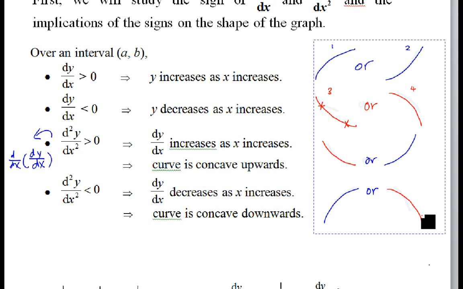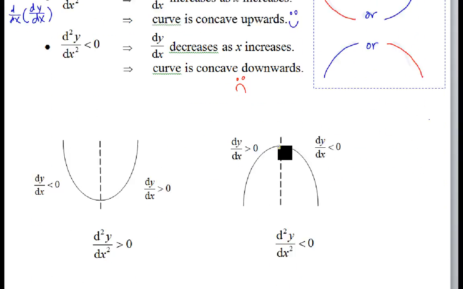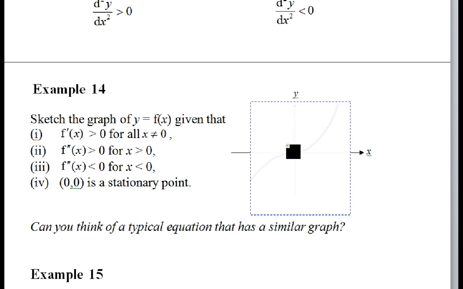To remember, concave downwards means sad face. Concave upwards means part of a smiley face, concave downwards part of a sad face. Now you know why the second derivative test works: once d2y dx squared is negative, it means sad face, therefore you have a maximum. Make sense? There's a reason why I do all this.